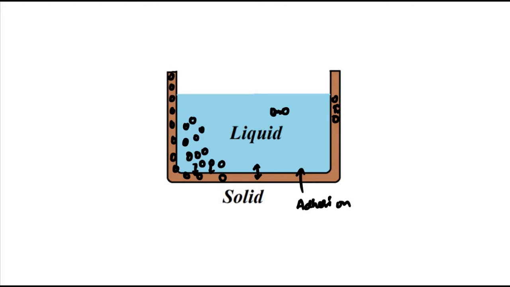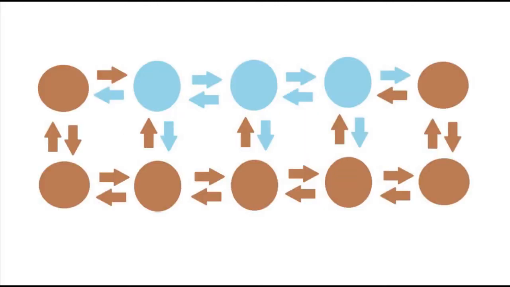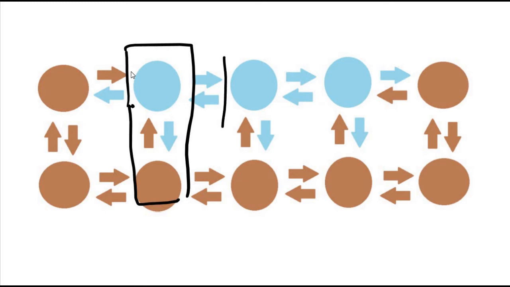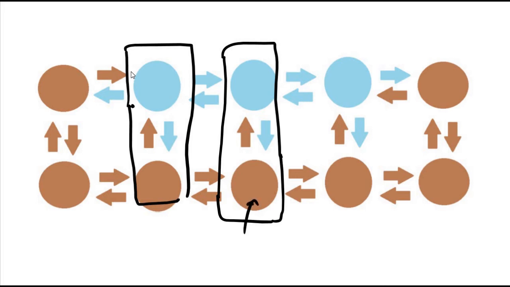Let us try to understand it with this. Here, you see, this is the force of adhesion. This one is the adhesive force, because it is the force of attraction between the solid molecules and the liquid molecules, which is only at the boundary.